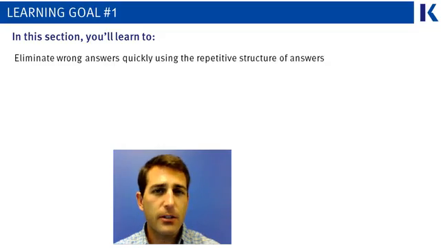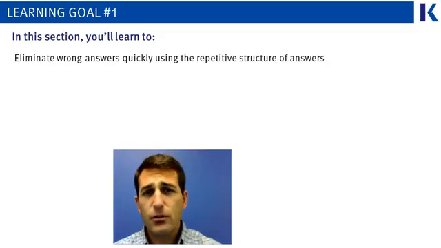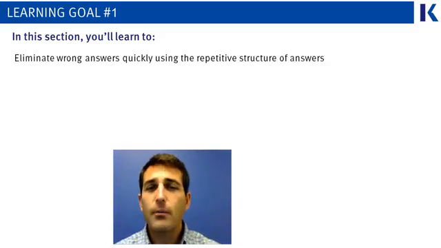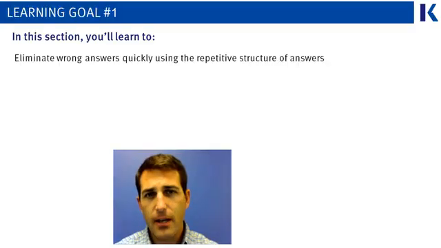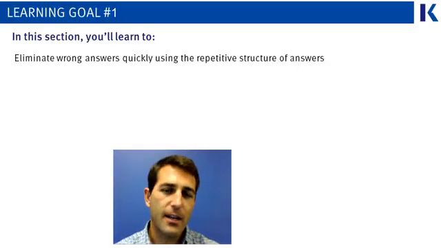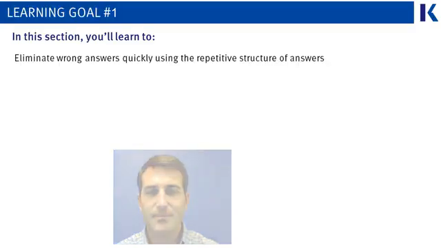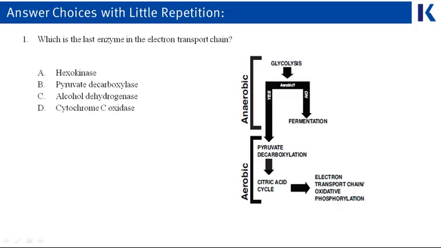We'll start off by looking at some questions with answer choices that exhibit minimal repetition, and then we'll contrast that with some typical repetitive answer choices. Take a look at number 1, which at first glance exhibits very minimal repetition. However, as we examine the answer choices a little more closely, we do see there is an element of repetition.